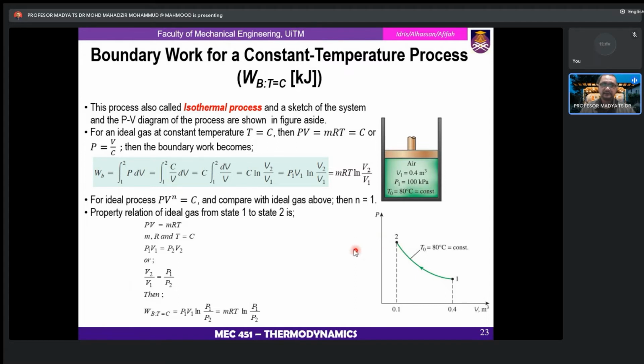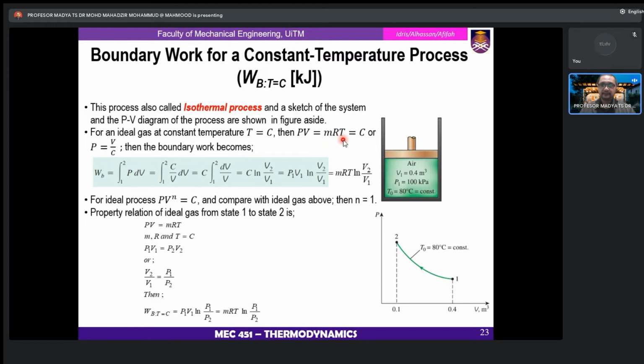So using the boundary work equation, integral of PdV, where P is the pressure for an ideal gas at constant temperature, T is constant, so PV is equal to mRT equals C, because T is constant.